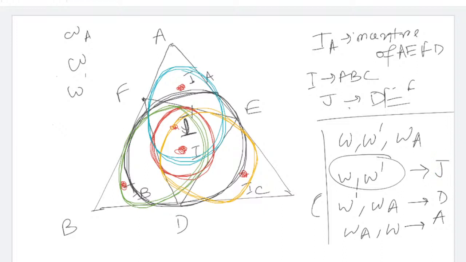So A, D, J are collinear. Similarly, B, E, J are collinear and C, J, F are collinear. So AD, BE, CF concur.